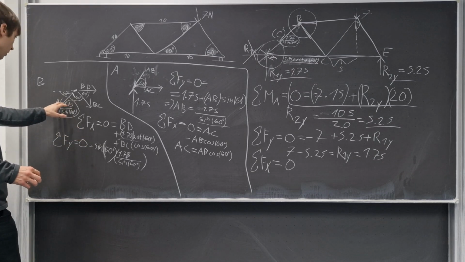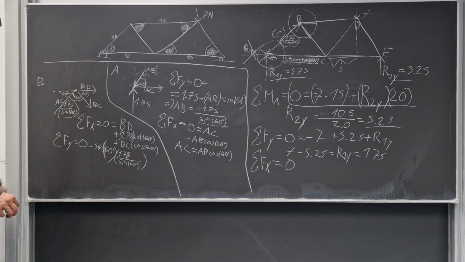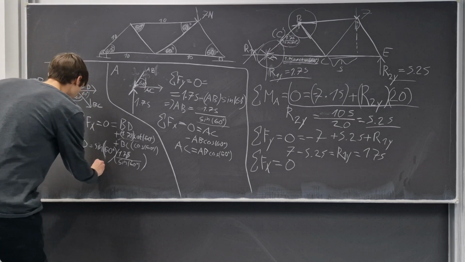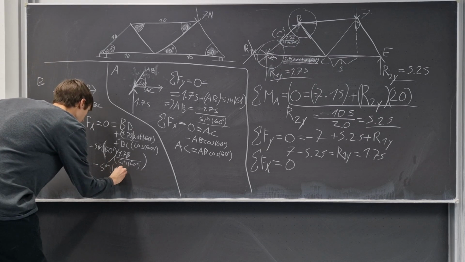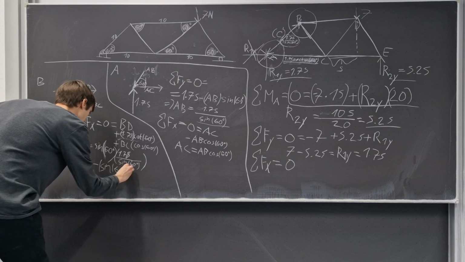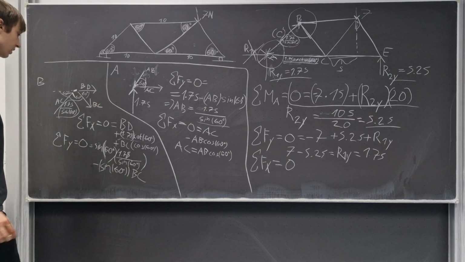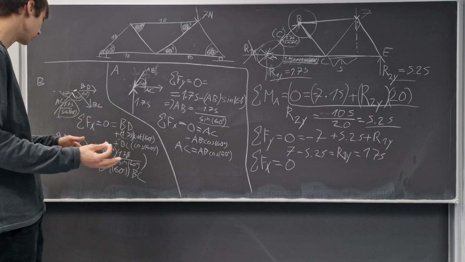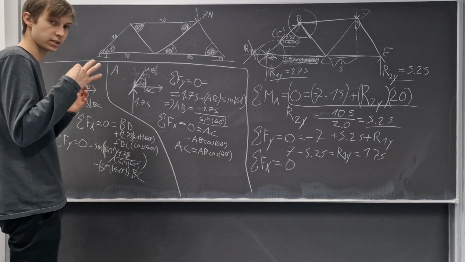I know the value for AC and the y value for it, and then I will subtract. The only other y thing is the y value of BC: minus sine 60 of BC, so sine 60 times BC. So the y value of BC equals the y value of AC in magnitude.